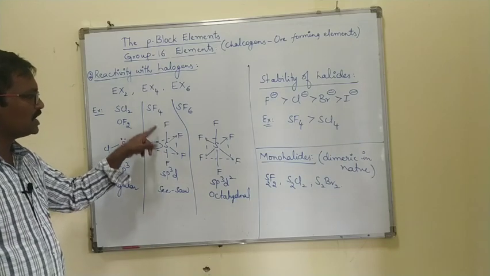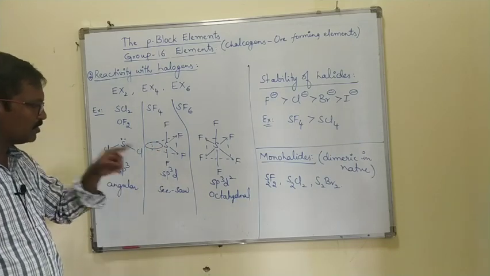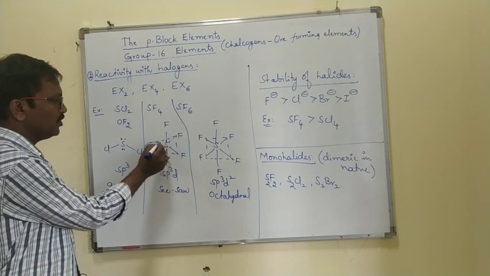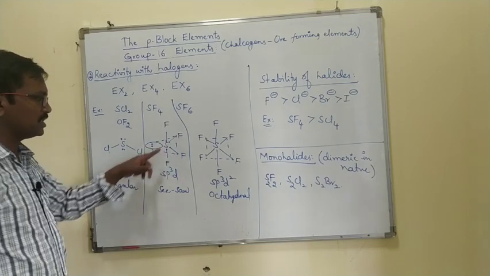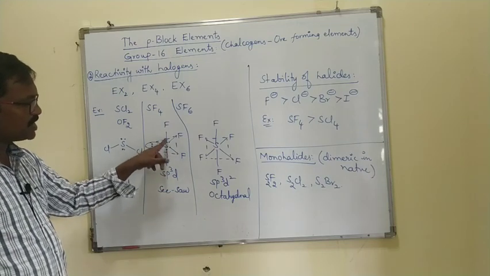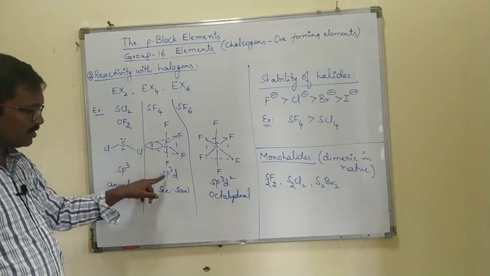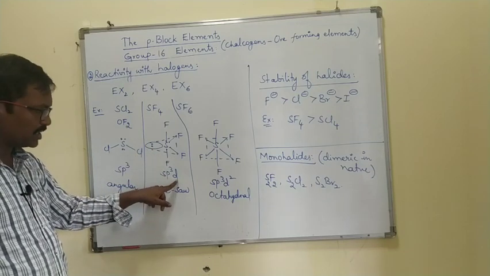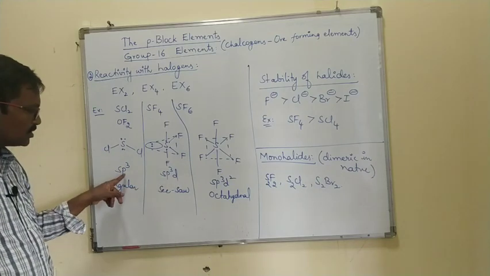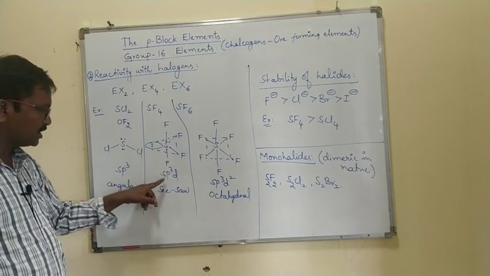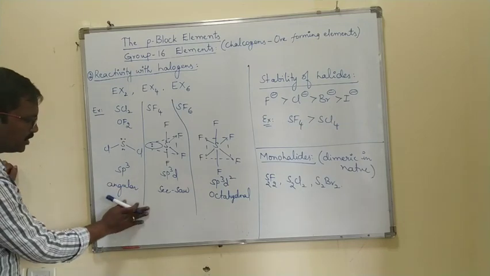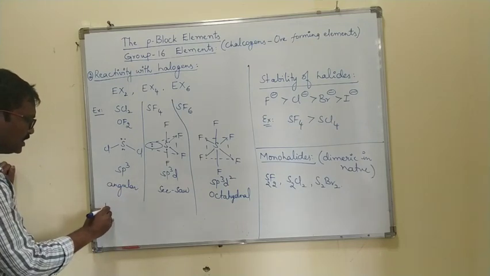the sulfur has 6 electrons around it: 1, 2, 3, 4, 5, 6 electrons around the sulfur. So it is 4 sigma bonds, 1 lone pair of electrons, that belongs to sp3d. 4 plus 1, 5 belongs to sp3d. So how do you calculate hybridization?